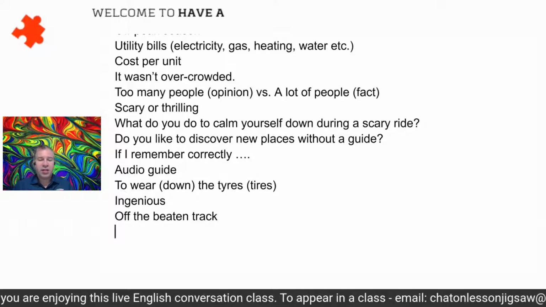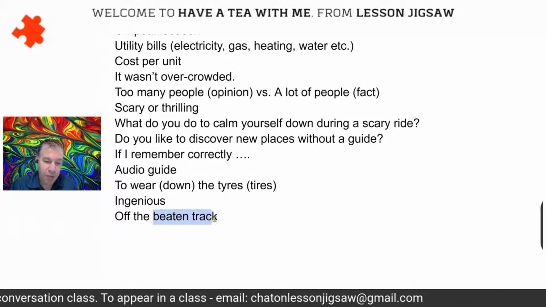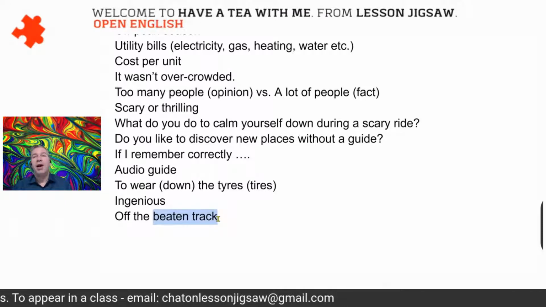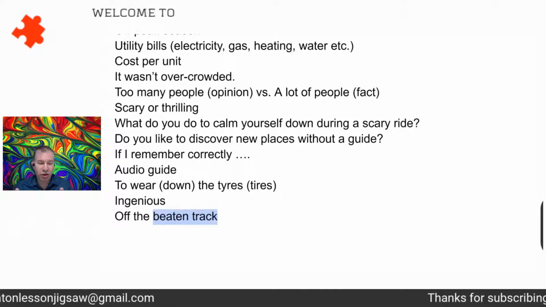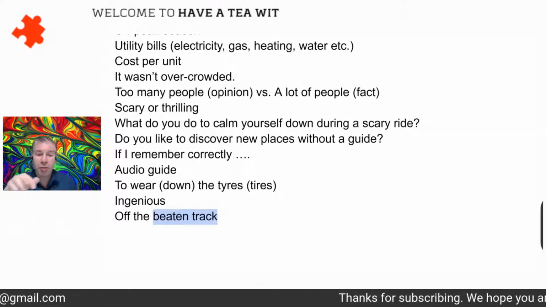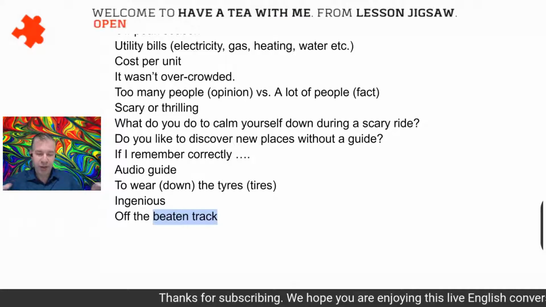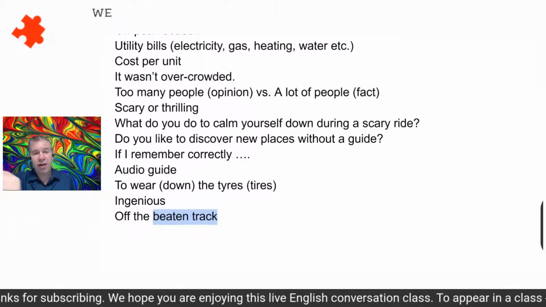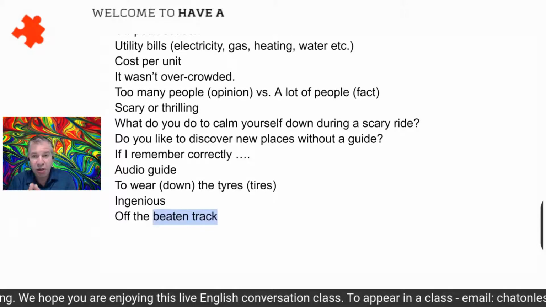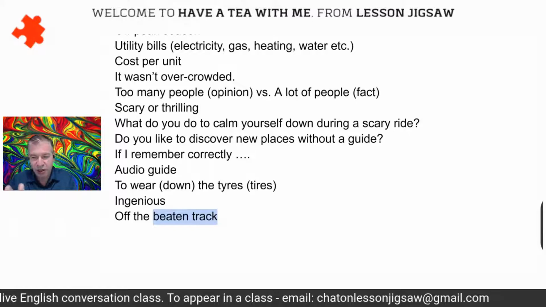The beaten track comes from when people think of a bit of a forest or the countryside, and the path where people walk. Think of a grassy area and people walking on the same bit of grass, and you'll see the color change, and I guess the texture of the ground change.